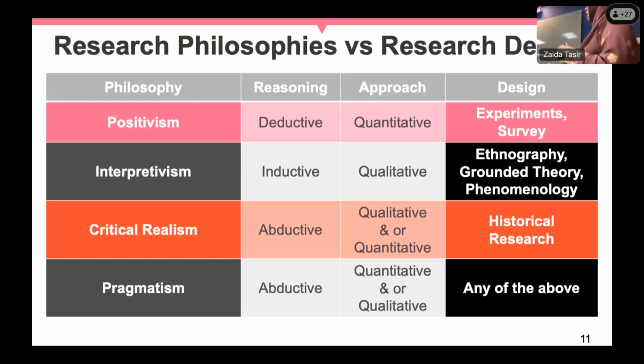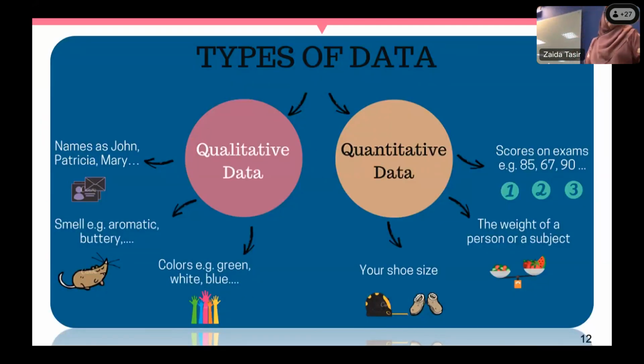So this is where you need to know a little bit on this part first. And the type of data, we have two types of data only. Quantitative data, where you can count it, you can produce the mean, you can calculate it. That is where the quantitative data comes from.